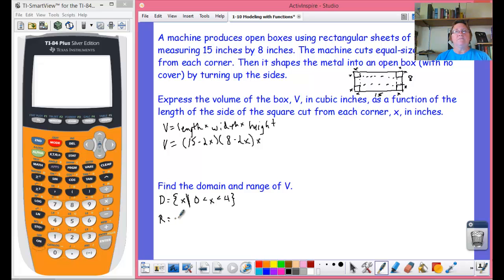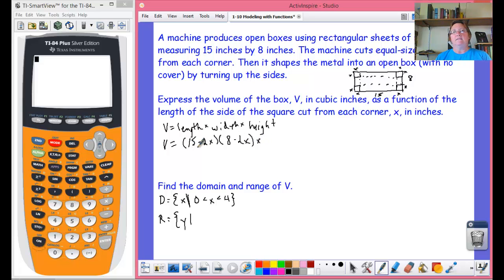If you think about it, this would be y. If you had a cut of 0, then you'd have a volume of 0. If you had a cut that was 0 inches long, then you'd have, let's see, 15 by 8. You know that can't be 0. It could be just a little bit more.